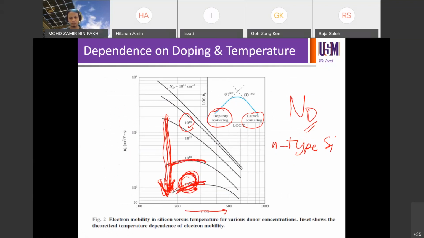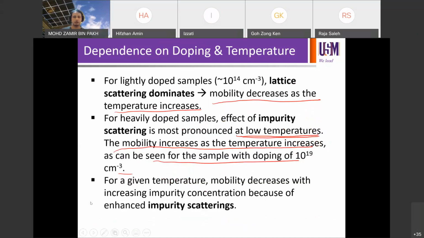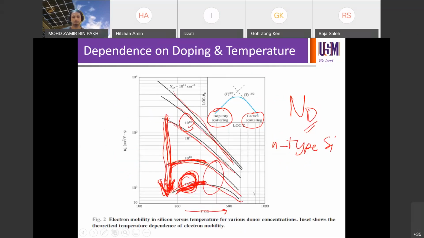Okay, the curve is more dome shaped compared to this. This one is like negative gradient. Yeah, this one is like dome first, then goes down. Dome goes down. So these two cases are explained here. The mobility increases slightly as temperature increases, as can be seen with sample of 10^19 and also 10^18. However, if it's too high, then the mobility reduces again.